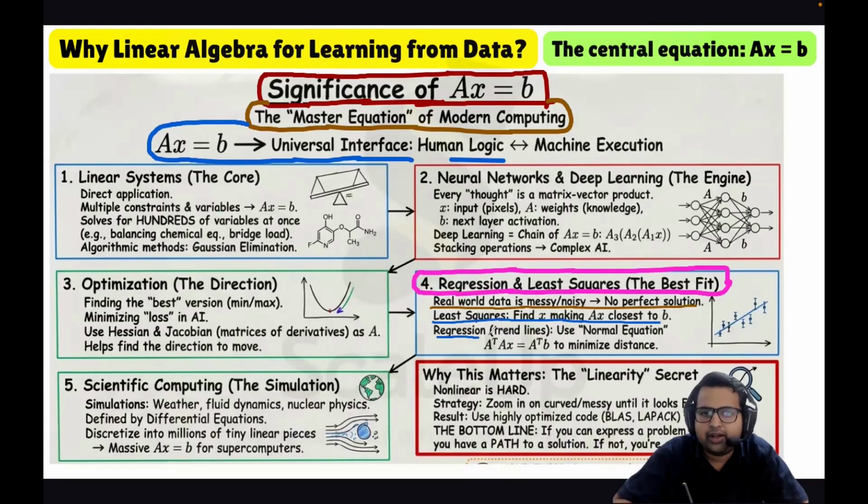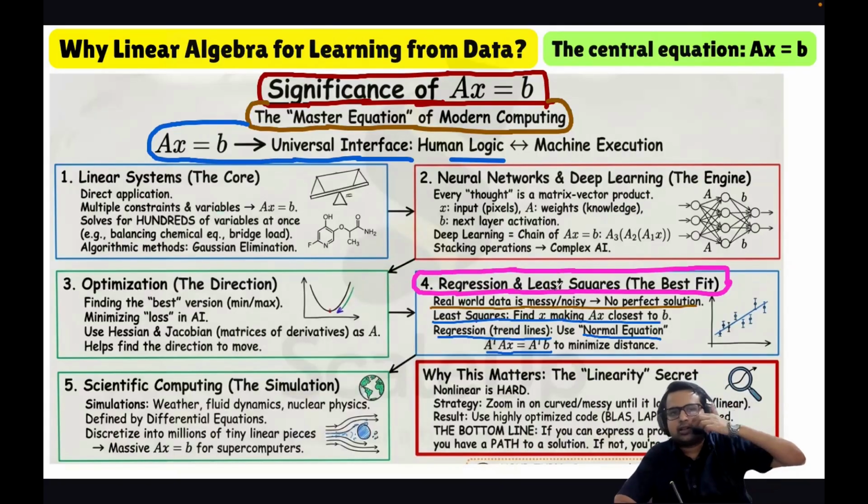Similarly, in regression, this is the math behind trend lines. In regression, we are predicting a continuous value, like stock prices or housing trends. And in regression, we make use of the normal equation: A transpose A x = A transpose B. With the master equation Ax = B, we multiply both sides by A transpose.